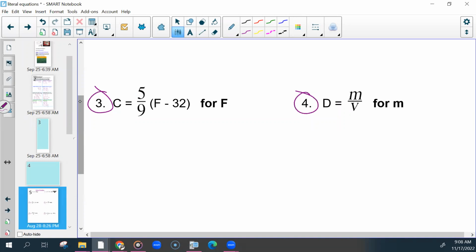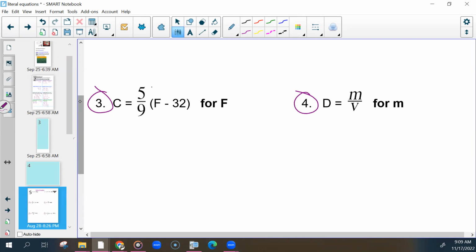Okay. So that's one option, but if we distributed, we may or may not end up with a nice number here. And then we're gonna eventually have to still get rid of that 5/9 later. So we could do that instead.